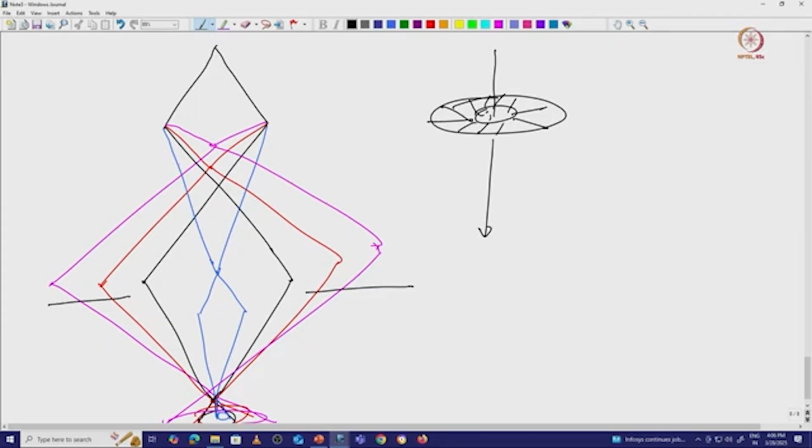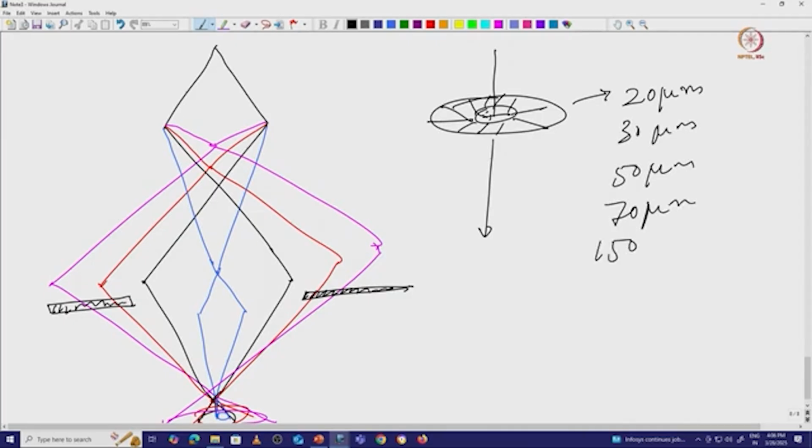Right. Now for the first condition, consider that I have an aperture of this size. You can get different types of aperture sizes. It may be a 20 micrometer hole diameter, or 30, 50, or 70 micrometer. Those are the hole diameters. Sometimes you will also get a 150 micrometer hole diameter.